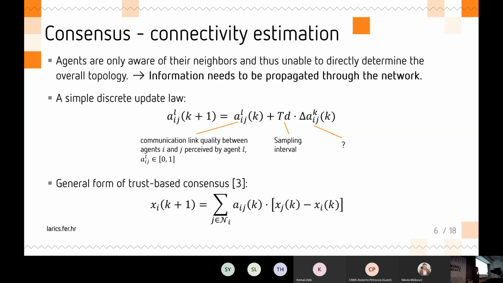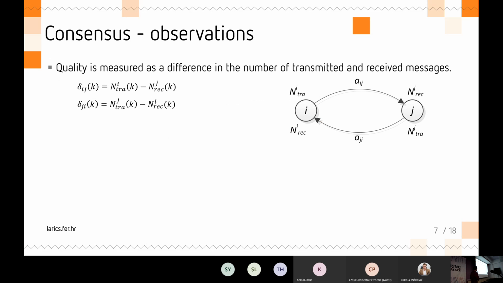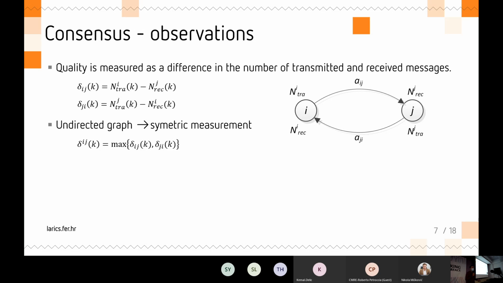What we lack here is some kind of a measurement that can be measured by the system. So in our case, the quality is measured as a difference in the number of transmitted and received messages. But as you can see, it can differ between the directions of the agents. So we take the maximum value in order to ensure the graph remains undirected, simply because the connection of this whole graph to lambda 2 is not very well established for directed graphs.